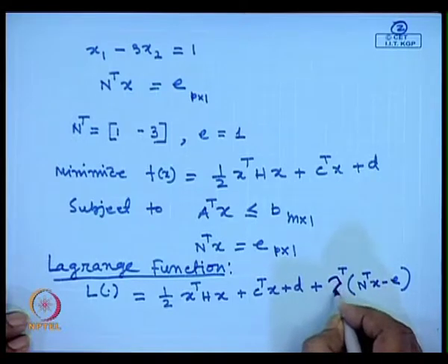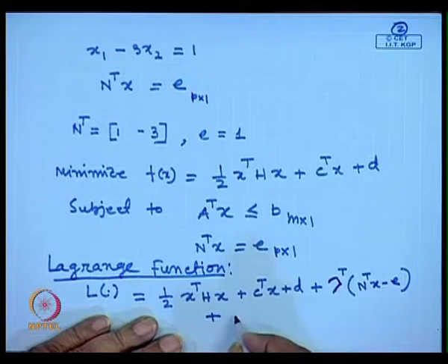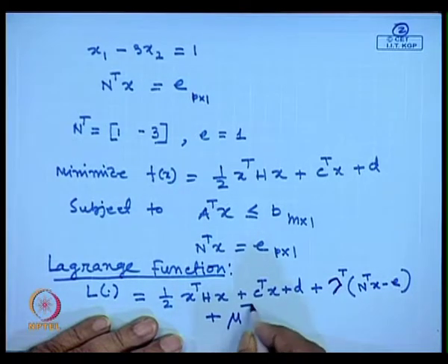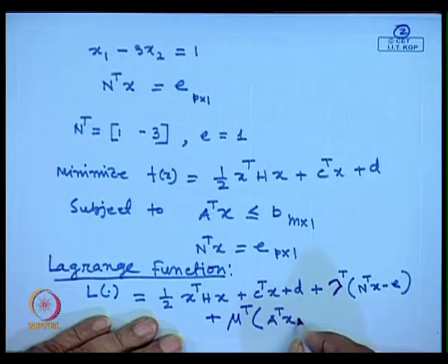Then you have mu transpose, the Lagrange multiplier, which is a vector, multiplied by A transpose x plus s minus b.